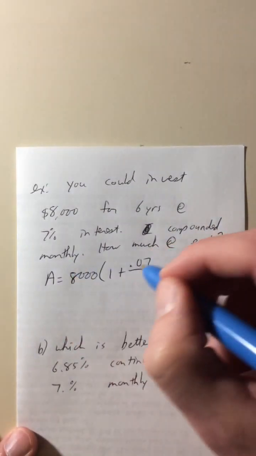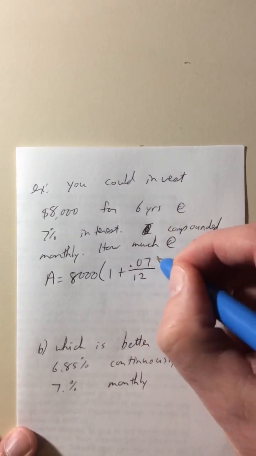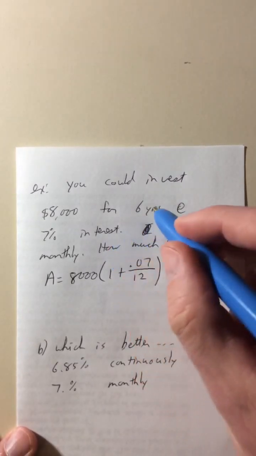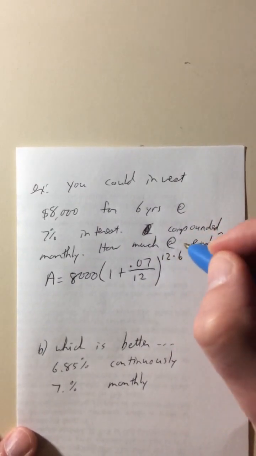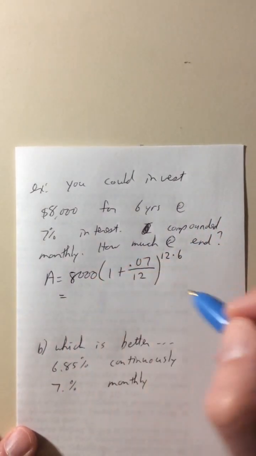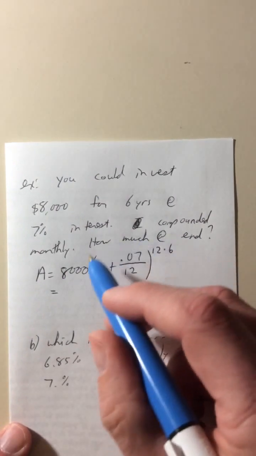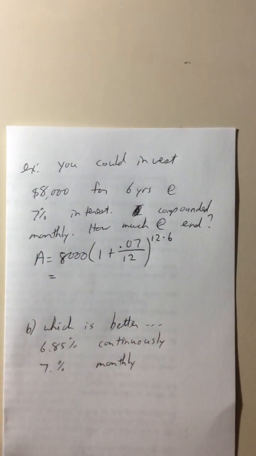We're going to compound monthly, that's 12, and we're going to do that for 6 years. So 12 times 6, aka 72. All right, so I'm just going to do all of this calculation on my calculator right now and write that number down. So 0.07 divided by 12 equals, add 1 equals, to the 72 power equals, and I get 1.5201.